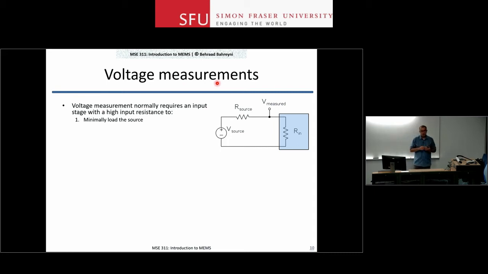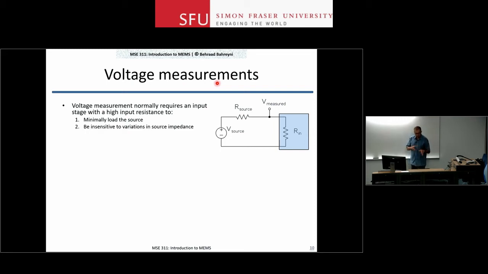So we want to minimally load the source as much as possible. On the other hand, we also want to make sure that the source is doing whatever it is supposed to be doing, right? It should not know that we are taking a measurement. It should just behave as it was.